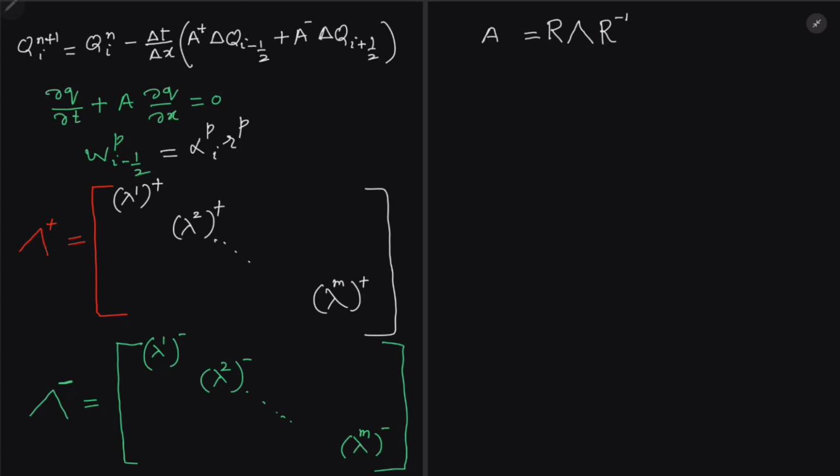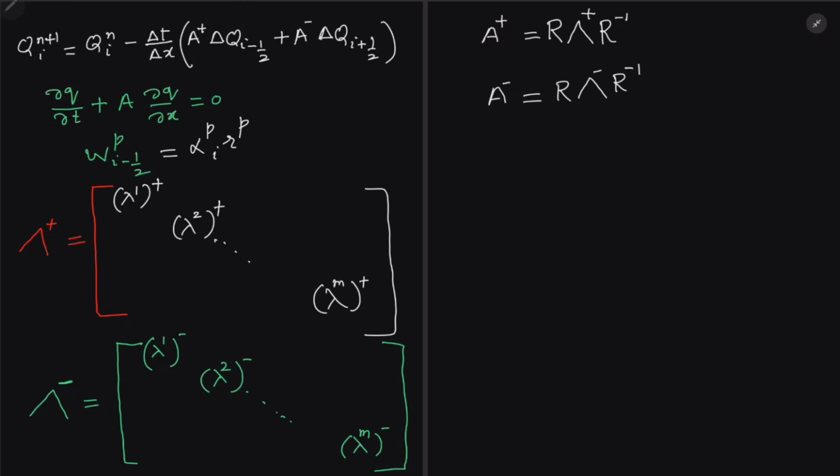In our case, if this lambda contains all the positive eigenvalues, then all the values in A are positive speeds. Similarly, if we have R, a matrix containing all the eigenvectors as columns, and omega, then we have R minus, and then A negative.